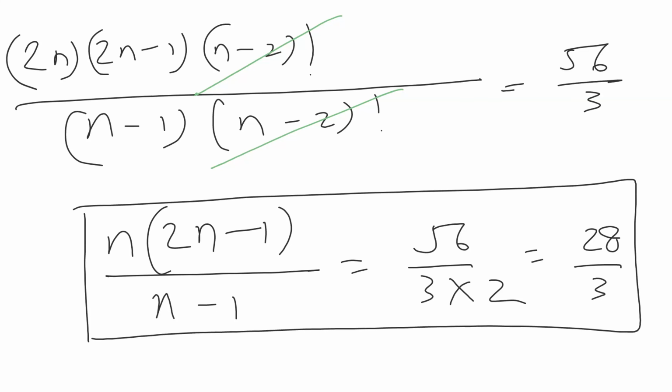Now compare this. See, n minus 1 and 3. If n minus 1 is equal to 3, n gives you 4. And if n is 4, if you substitute that 4 in the numerator, check whether you're getting 28 or not. Are you getting 28 if n is equal to 4? Yes or no?